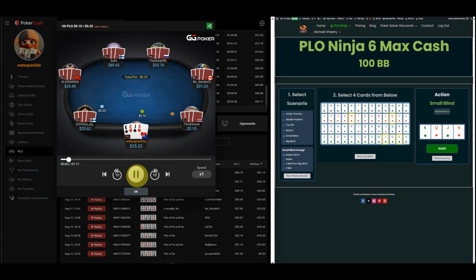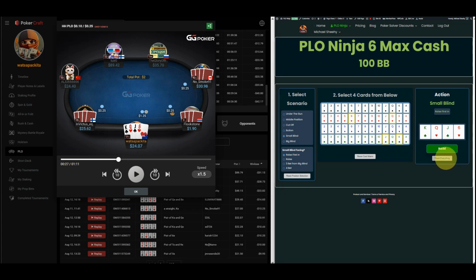And first, let's see what the action is. Make that faster, maybe 1.5. So a limp, and I raise it up. Again, we don't have limps here on PLO Ninja at the moment.